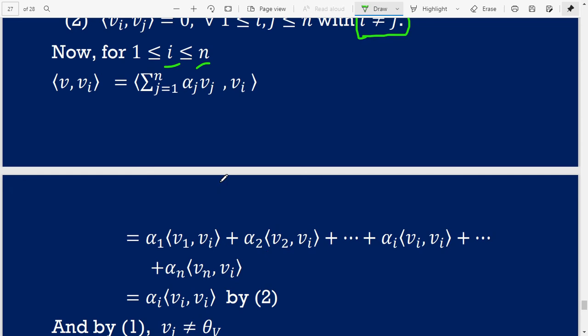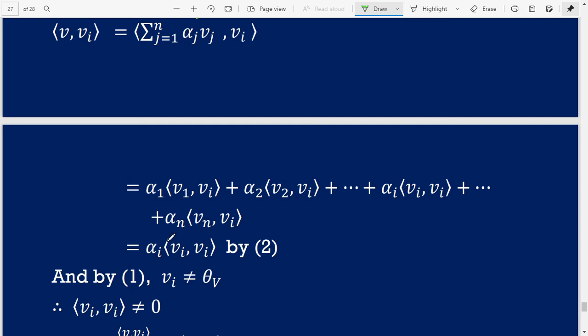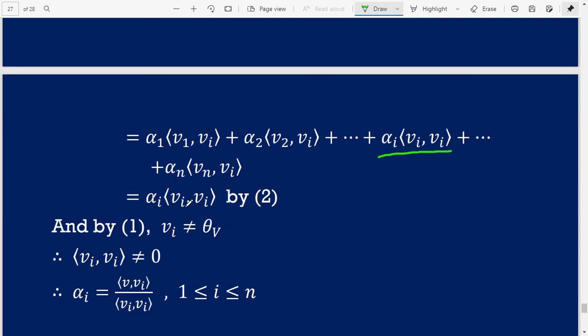By this condition, alpha_i times the inner product Vi with Vi is non-zero, and the remaining are all 0. So this is equal to alpha_i times the inner product Vi with Vi. But Vi is not 0 vector, so the inner product is not equal to 0.